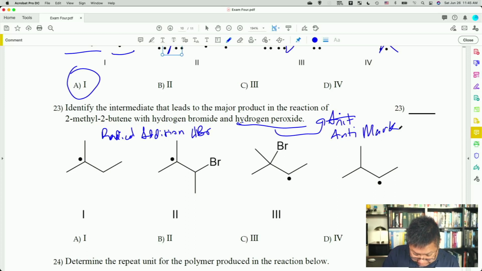So let's take a look at the structure of the starting material. It's going to look something like this. I have it drawn backwards, but you get the idea. The point is that since it's anti-Markovnikov, right?